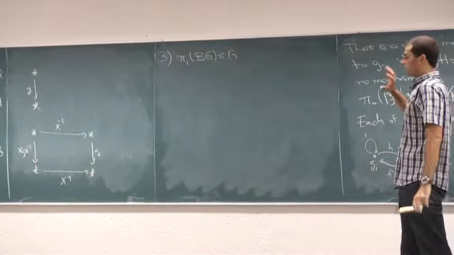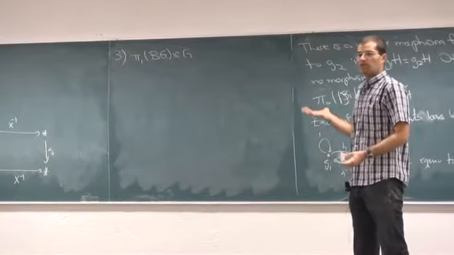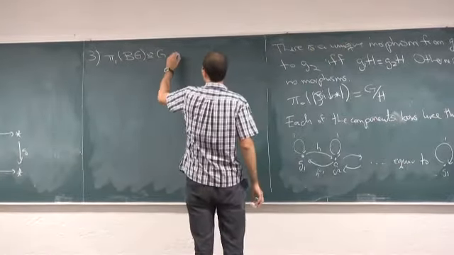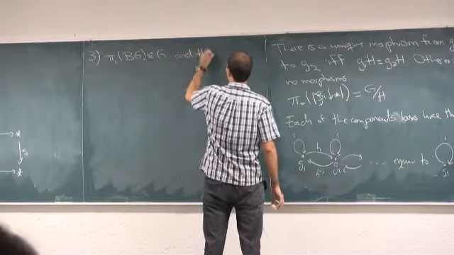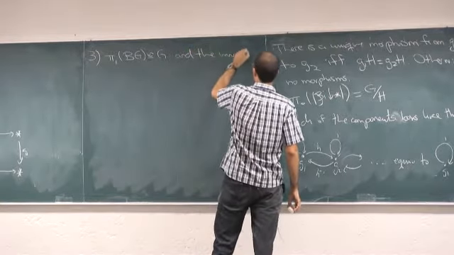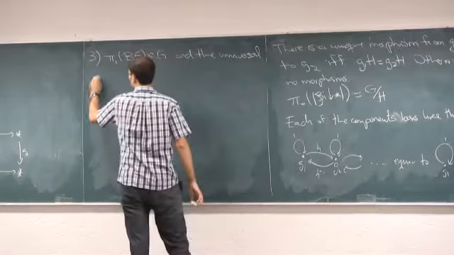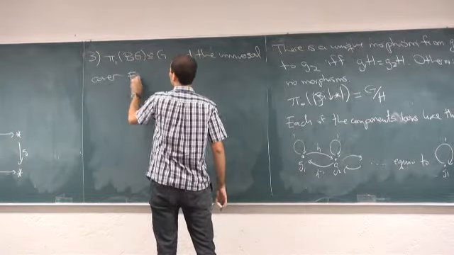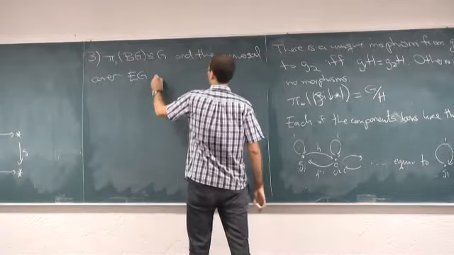And if you think about what the nerve of this category is, that should be clear. But moreover, the universal cover, which is usually denoted by EG, is contractible.